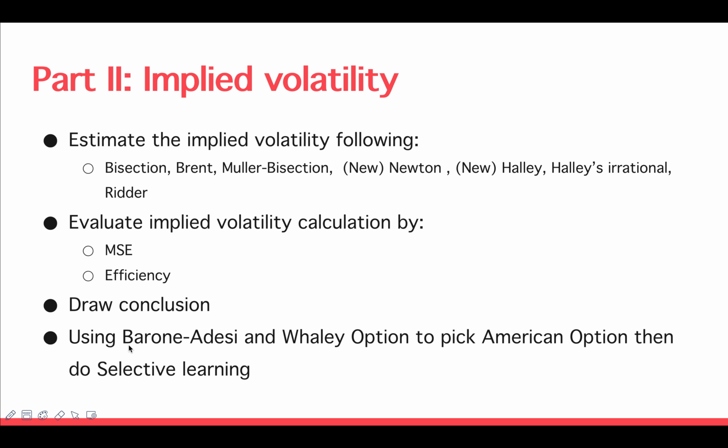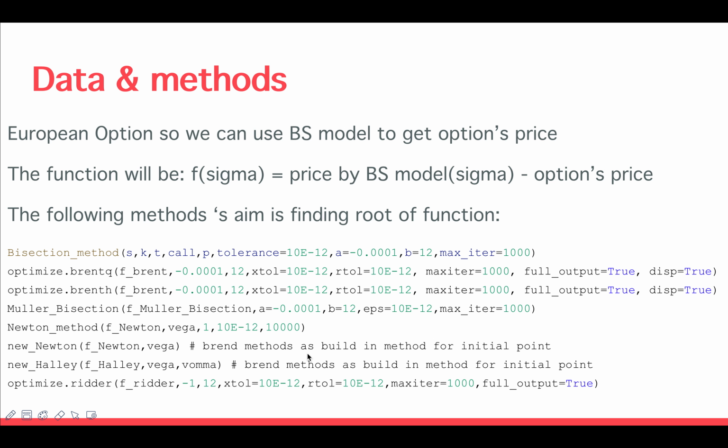We use BAW to find the options because our whole data frame is downloaded from NASDAQ, and in that option data we don't know which one is European and which one is American option, so we need to find out.